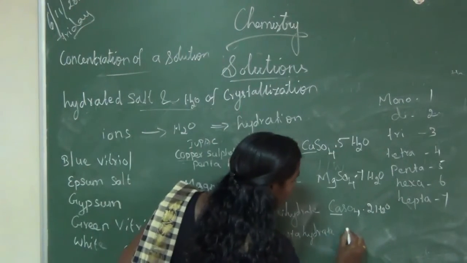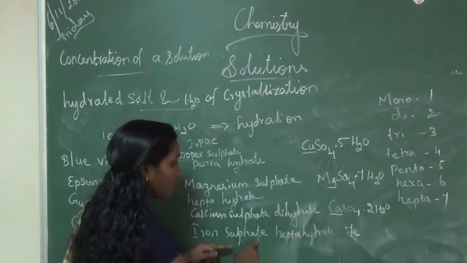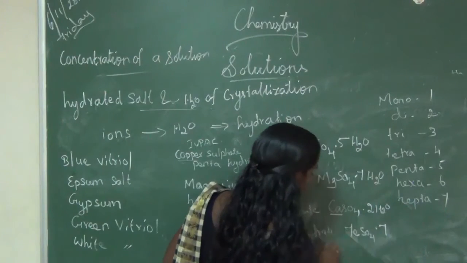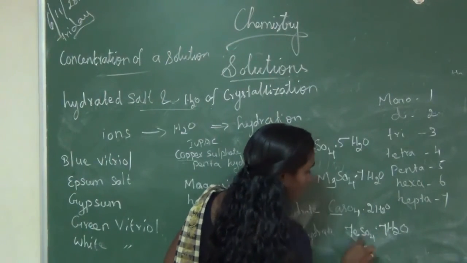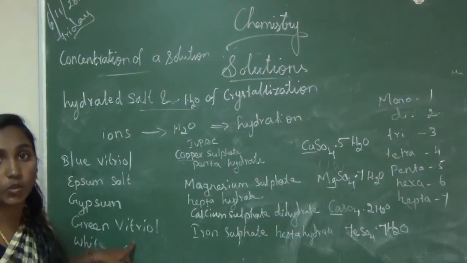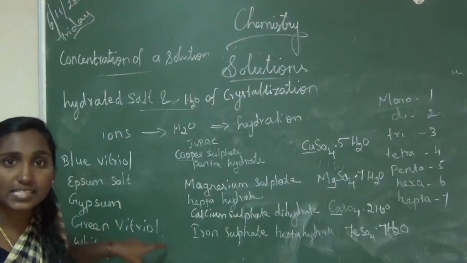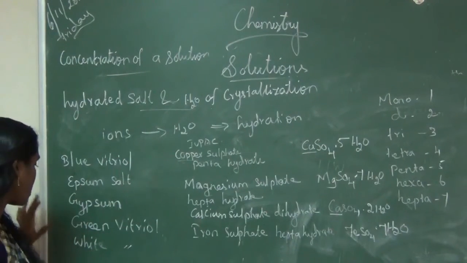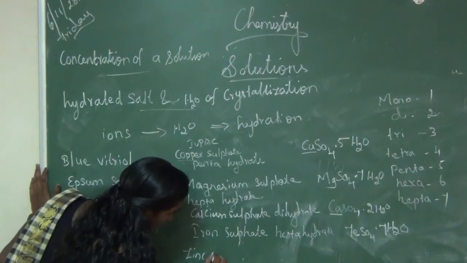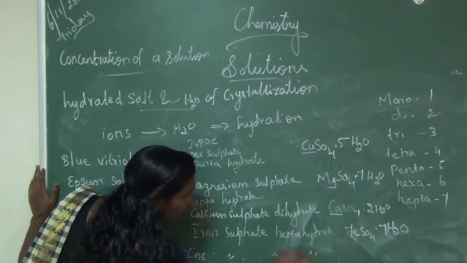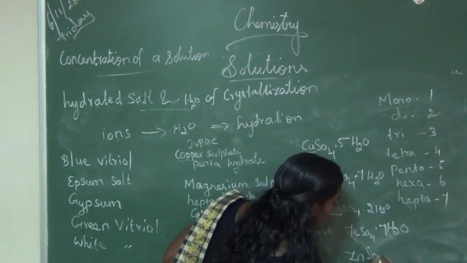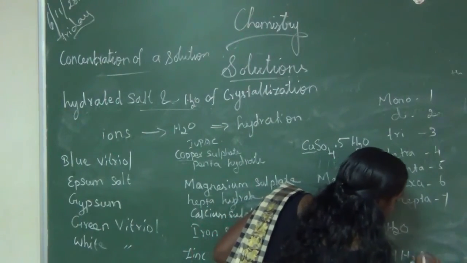Iron formula Fe, then sulfate SO4, then hepta 7, then hydrate H2O. So iron sulfate heptahydrate, that is called what? Green vitriol. These are crystallization salts. Then white vitriol: zinc sulfate heptahydrate. Zinc formula is Zn, then sulfate SO4, hepta 7H2O.